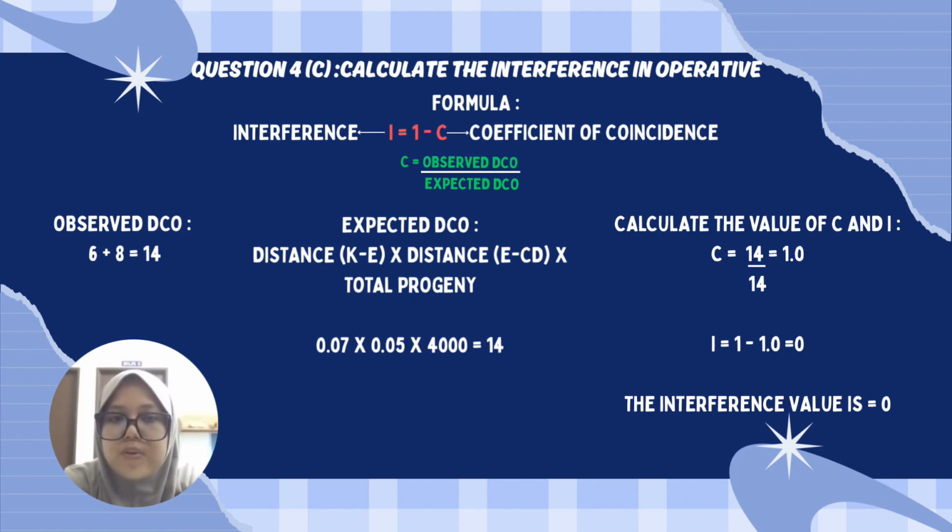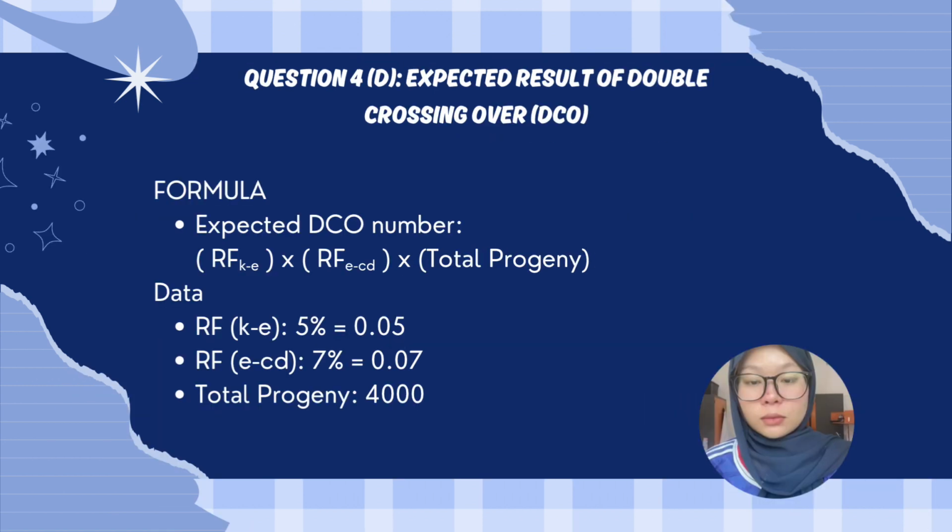Finally, 1 minus 1 equals 0. In conclusion, the interference value is 0, which means that crossing over in both regions occurs completely independently without affecting each other. Thank you.